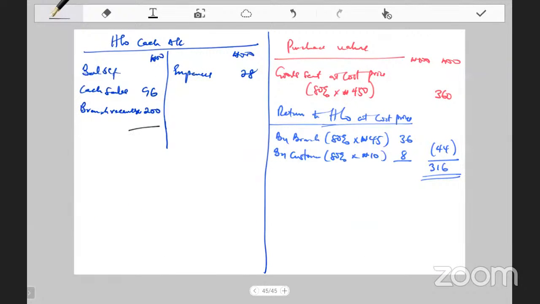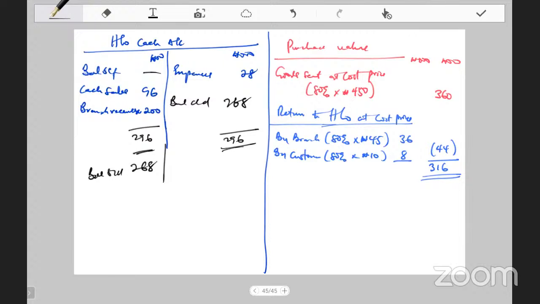This is 296. 296 minus 28, what would that give me? 268. And that is the end of the branch account.